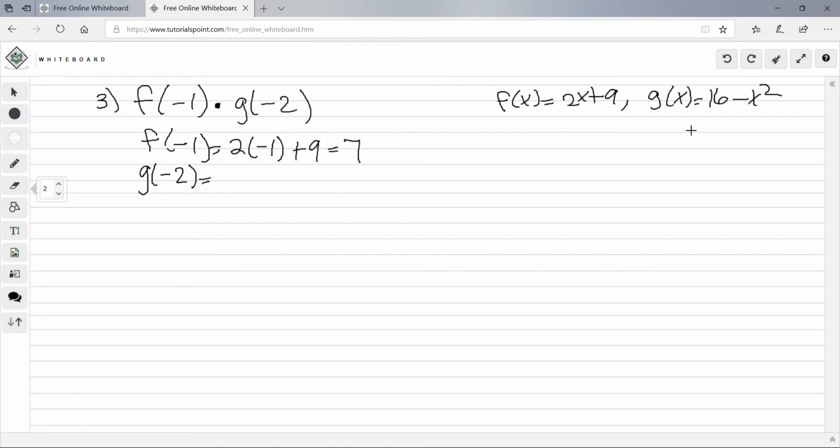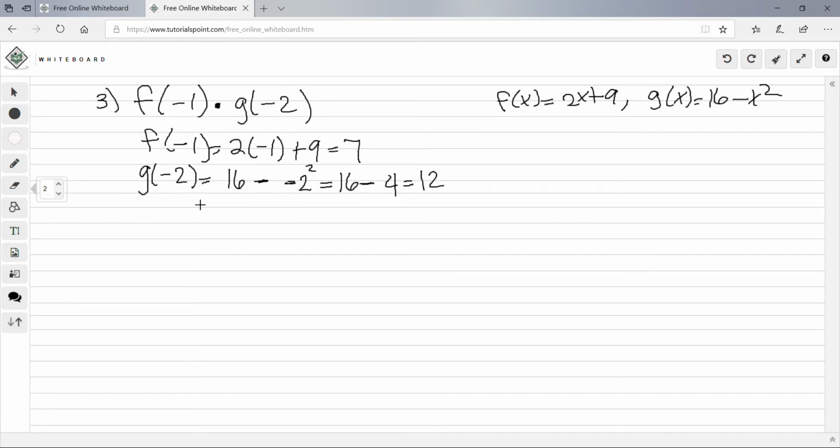This function, g of x, wherever you see an x, you plug in -2. So it's 16 minus -2 squared. -2 squared is positive 4. So 16 minus 4 is 12.